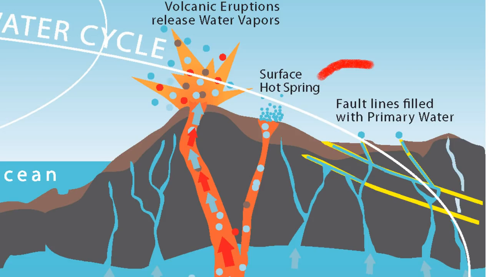And then we're seeing where it says fault lines filled with primary water. And then we're seeing some yellow lines coming out from the far right of this illustration and somewhat going vertical, but not necessarily. Well, they could be.